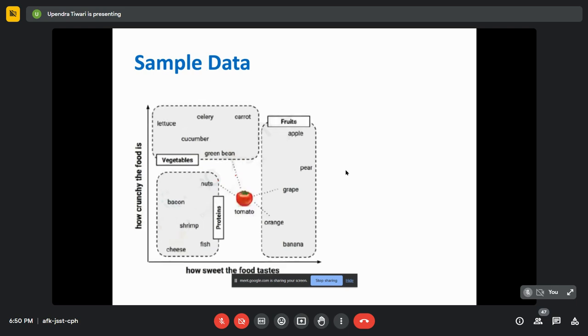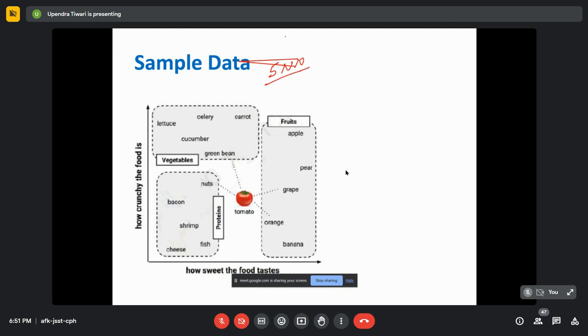Now, suppose a new input is given, and that is tomato. The challenge is to assign the appropriate class to it, and say we are working with 5 nearest neighbors.